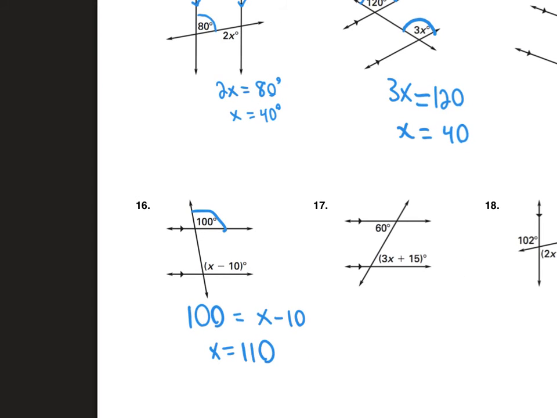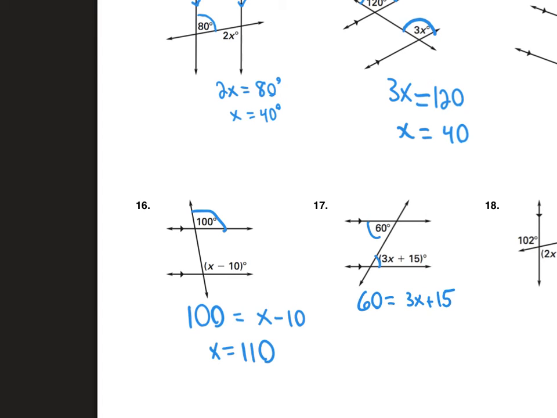Number 17, we have some alternate interior angles, a 60 degree, and this one will also be 60 degrees, but it has an expression, and we're trying to solve for x in that expression. So I will set them equal to each other. 60 equals 3x plus 15. I don't need the parentheses anymore because it's all by itself on one side of the equal sign.